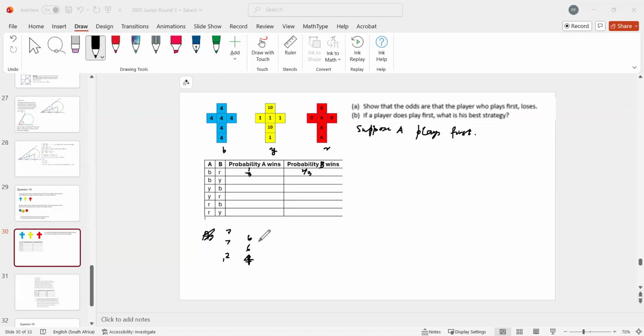If you see here, when they're rolling the dice, you could have 7, 6, that, and that.